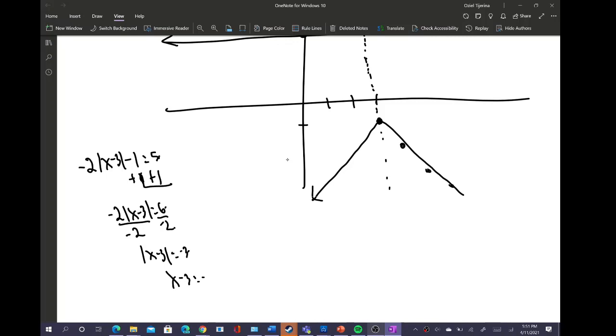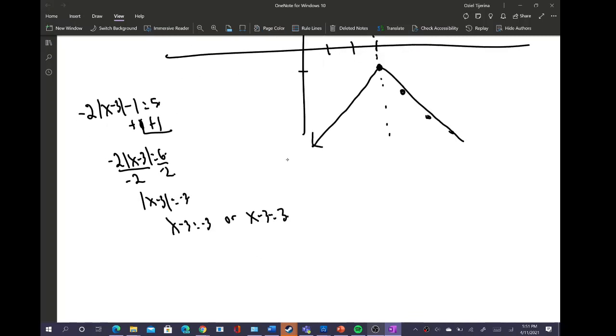So x minus 3 equals negative 3, or x minus 3 equals positive 3. You add 3 on both sides, and you get that x equals 0 or x equals 6.